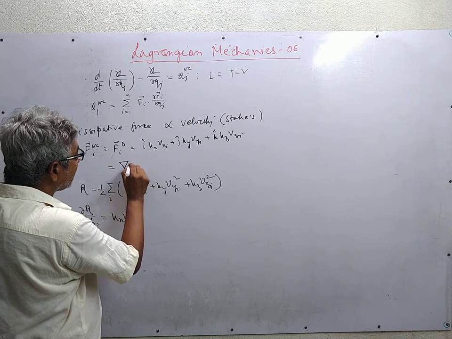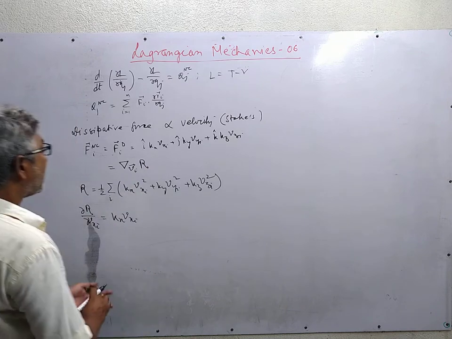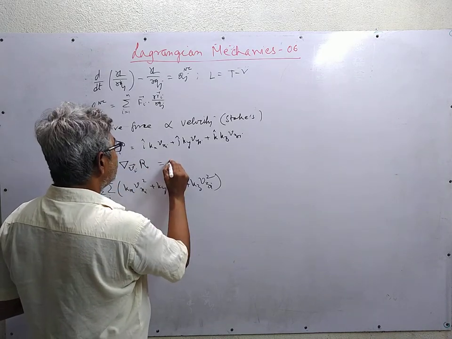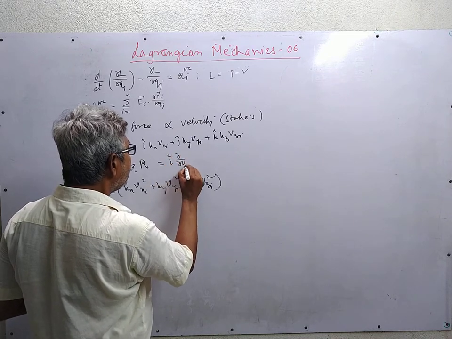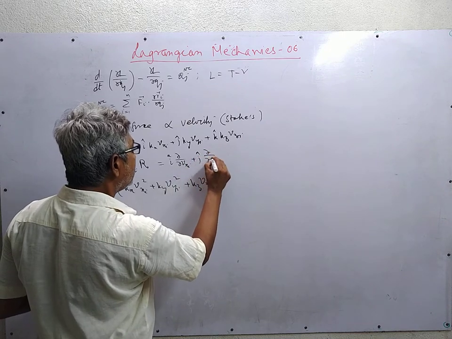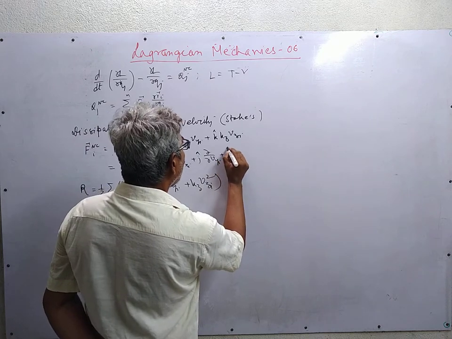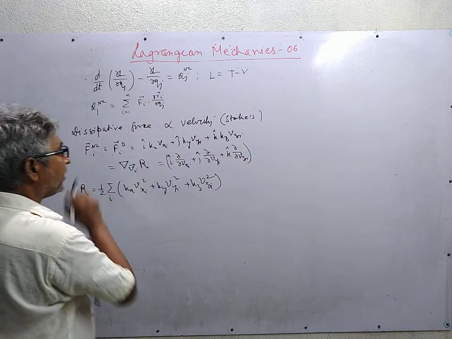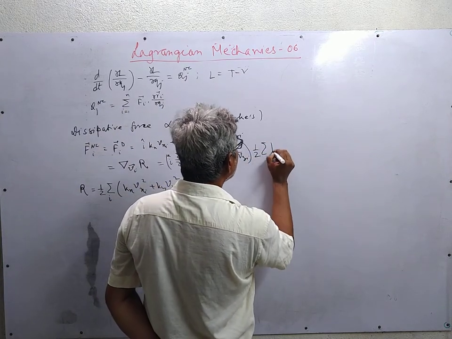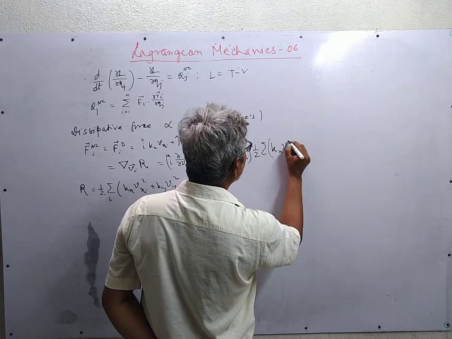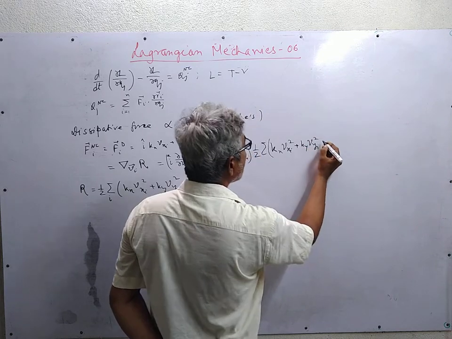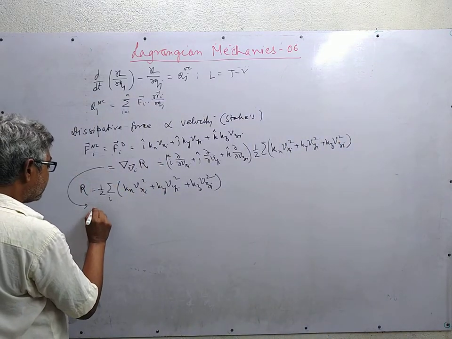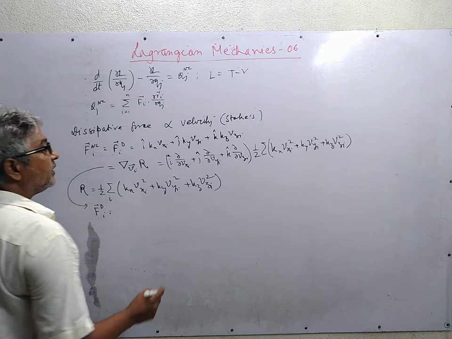With this spirit we define a gradient function with respect to the velocity, i cap del R del Vxi plus j cap del R del Vyi plus k cap del R del Vzi.